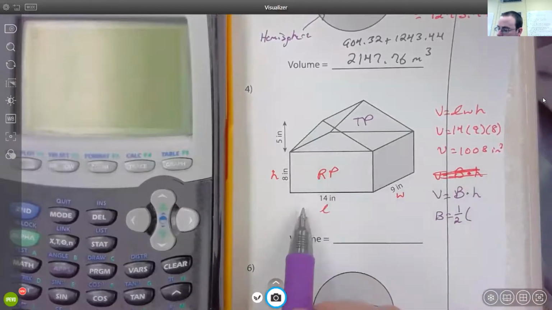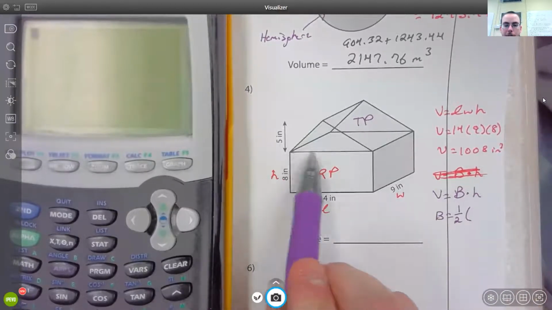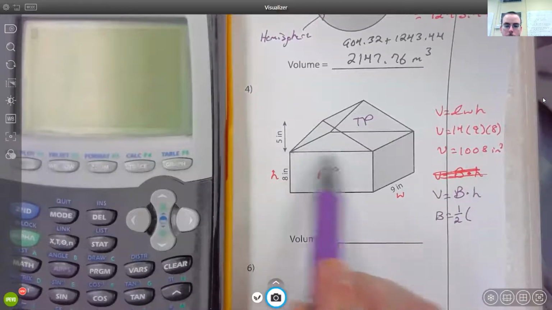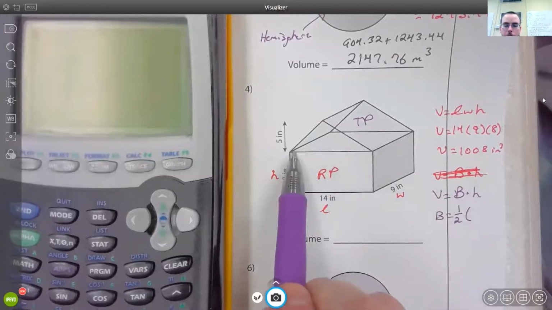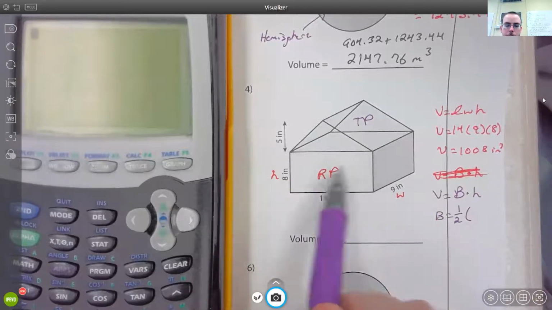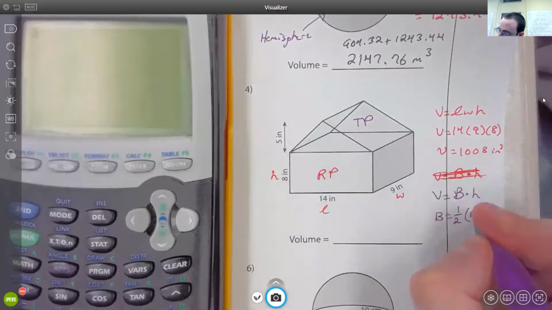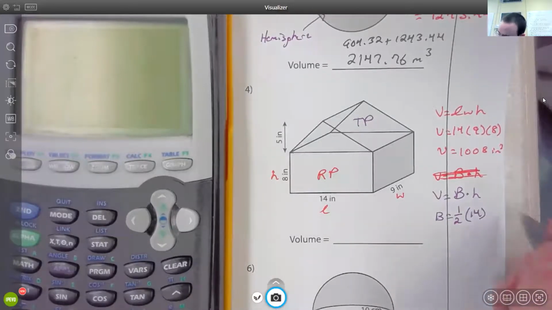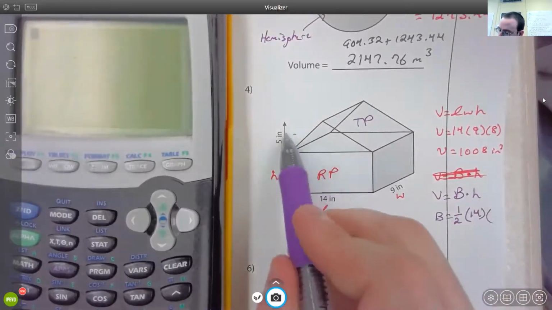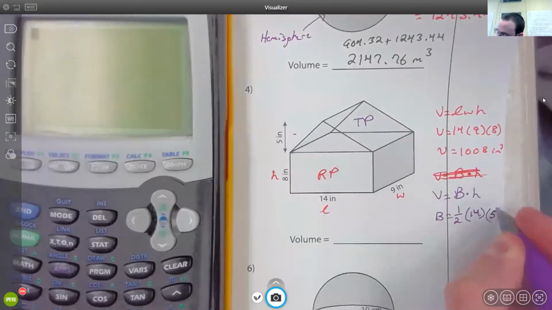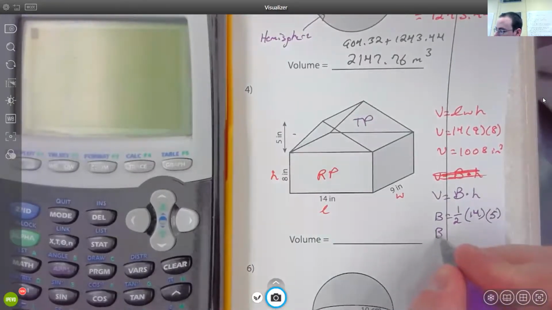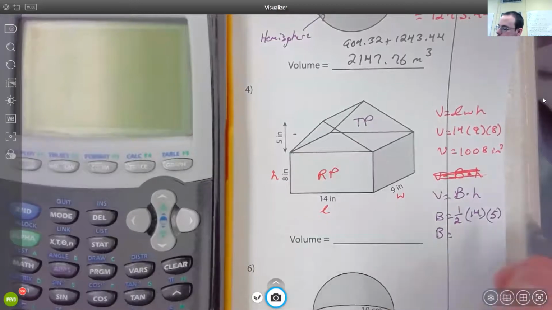So here is your base of the triangle. That's the one it sits on top of, right? It's sitting on that edge. Well, that's also an edge of the rectangular prism, and you'll see that that edge should be equal to 14. So the base of our triangle is 14 as well. And then the height is given to us as 5. So 1/2 times 14 is 7 times 5 is 35.